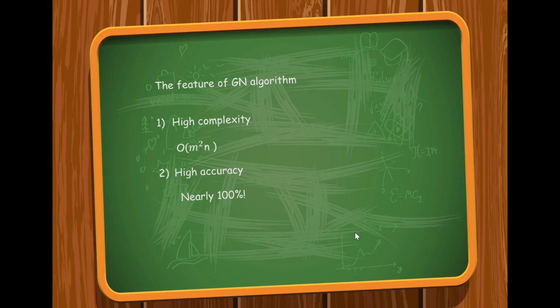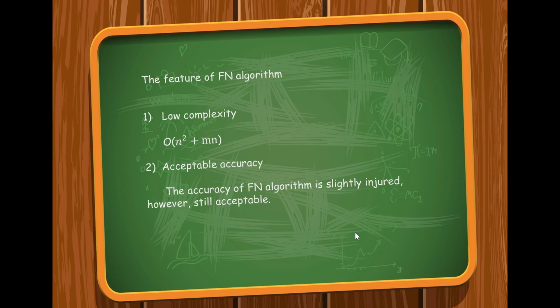But we gain the high accuracy, which is nearly 100%. For the FN algorithm, the complexity is decreased to O(mn plus n squared).